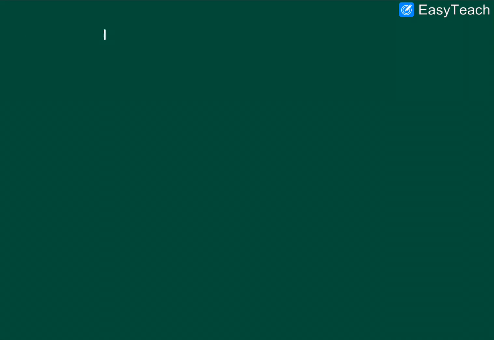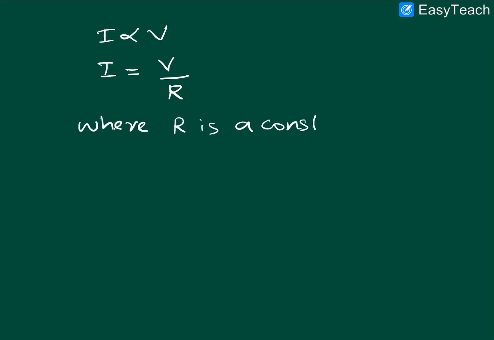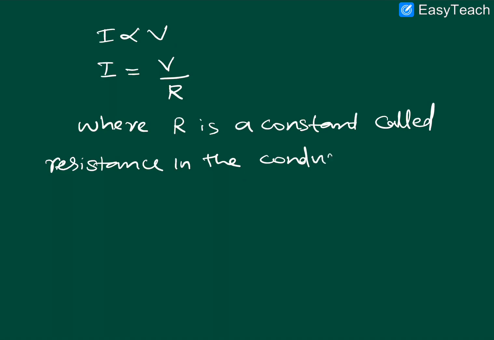So mathematically I is proportional to V, or I is equal to V by R, where R is a constant called resistance in the conductor.